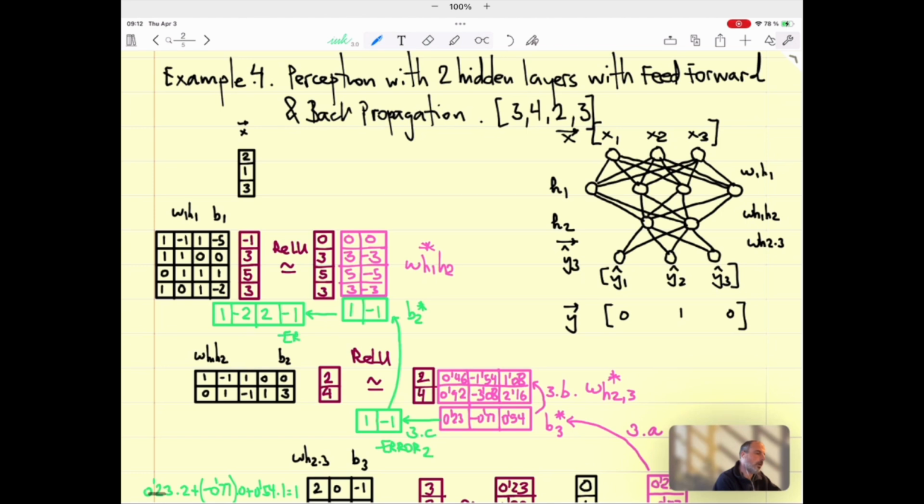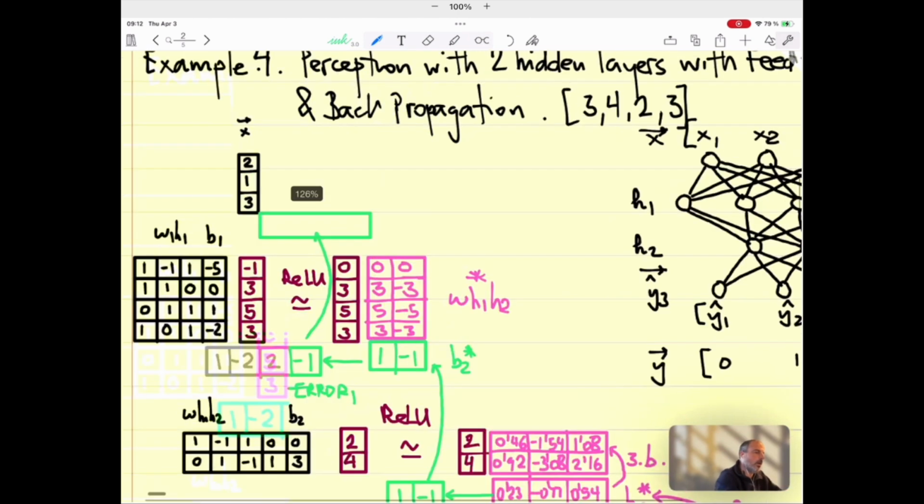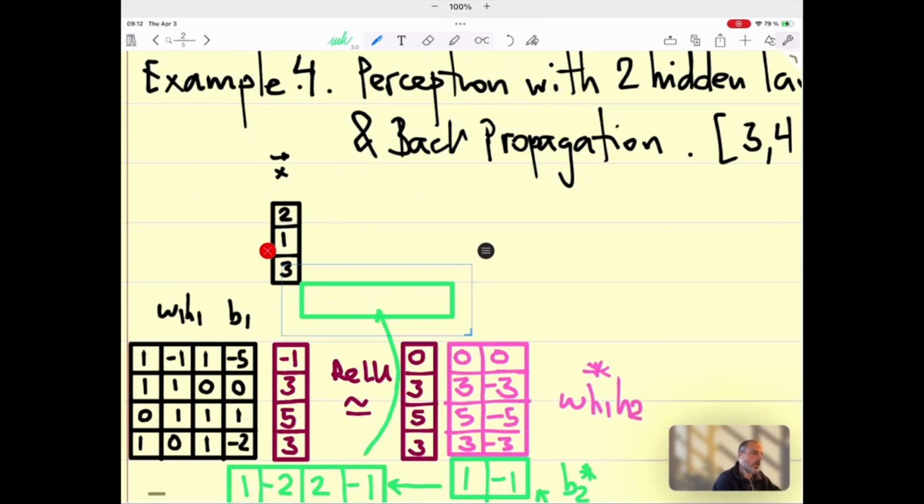We take it up again in the transpose form here, okay, so this 1 minus 2, 2 minus 1.